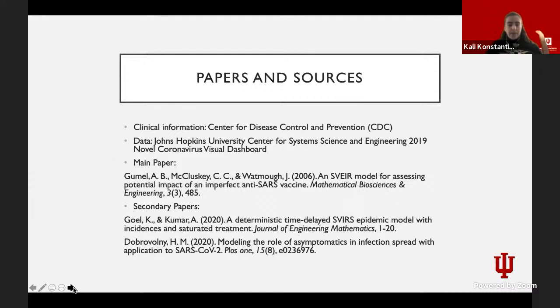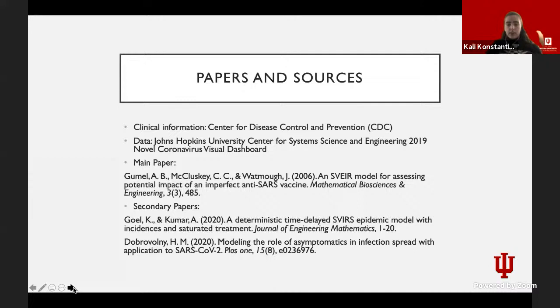The main paper that I looked at was about an SVEIR model for an imperfect anti-SARS vaccine. I thought this paper would be relevant because the SARS-CoV-2 virus is within the SARS family, and we're assuming an imperfect vaccine, and an SVEIR model does account for that symptomatic asymptomatic switch.